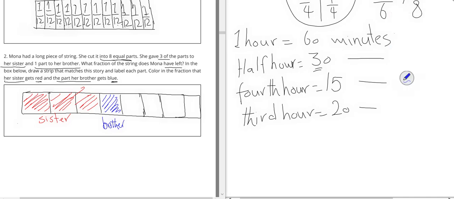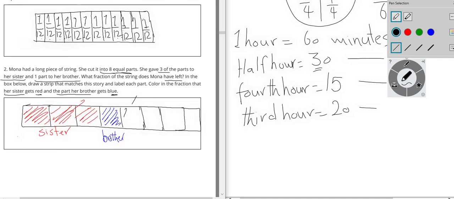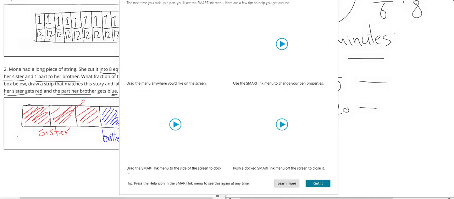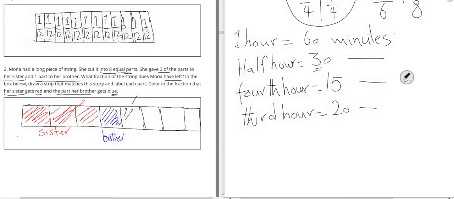How many parts does Mona have left? Count. Again, how many parts left? 1, 2, 3, 4.